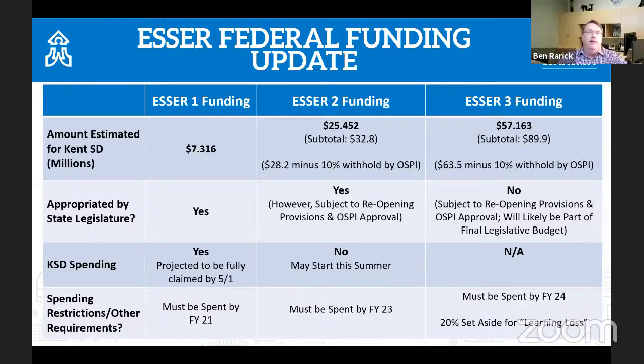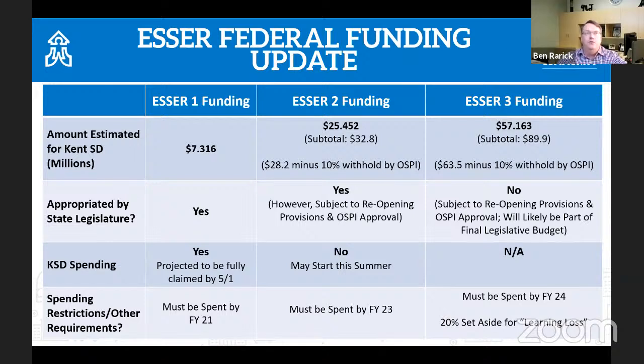Pretty liberally, or by liberally, I mean in a way that empowers school districts to develop programs that they think will help mitigate the learning loss that occurred over the period of the pandemic and COVID-19.